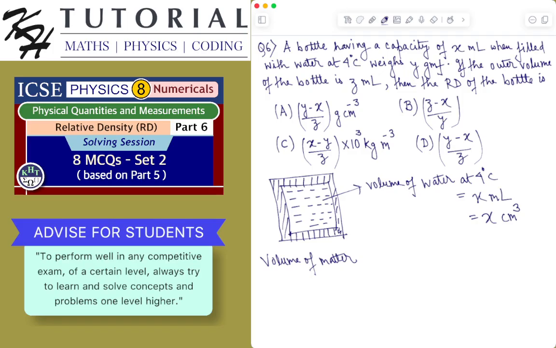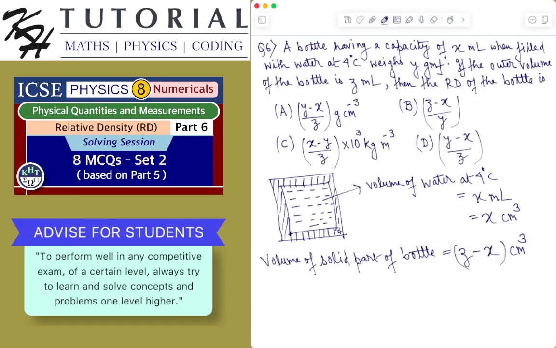The volume of the solid part of the bottle will obviously be the outer volume of the bottle, which is given to be z milliliter, that is z centimeter cube, minus the capacity of the bottle, which is x milliliter. So z minus x centimeter cube will be the volume of the solid part of the bottle.